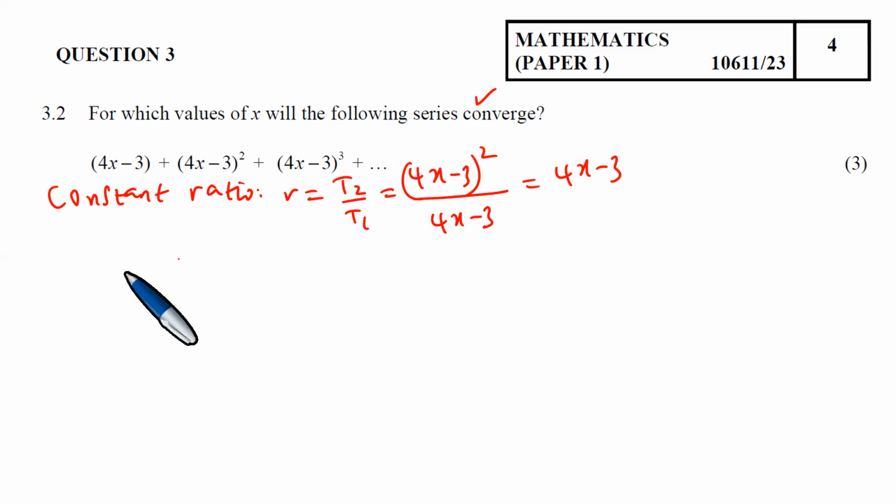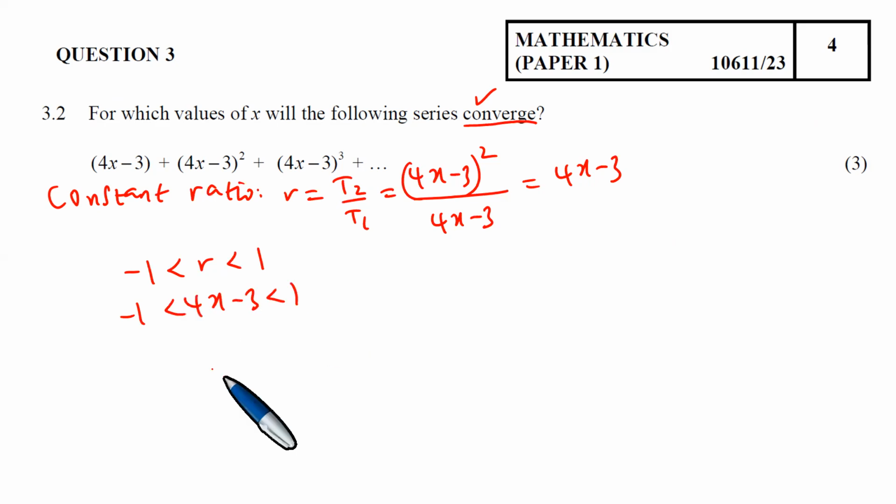And we know that the constant ratio r must be between -1 and 1 for the series to converge. This is the condition. So we continue now with the condition. You can add 3 to each side here. So you have -1 plus 3 is less than 4x minus 3 plus 3 is less than 1 plus 3.